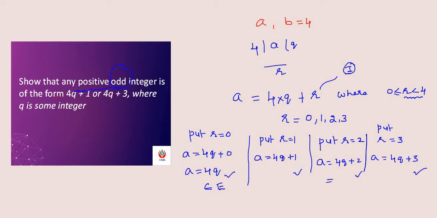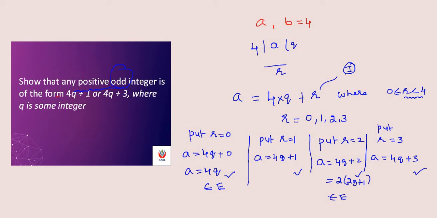I can take 2 common here, so I can write it as 2 into (2q plus 1). Multiply 2 into 2q, that is 4q, and 2 into 1, that is 2. So 2 into something means again this is an even number. But which numbers do you want?